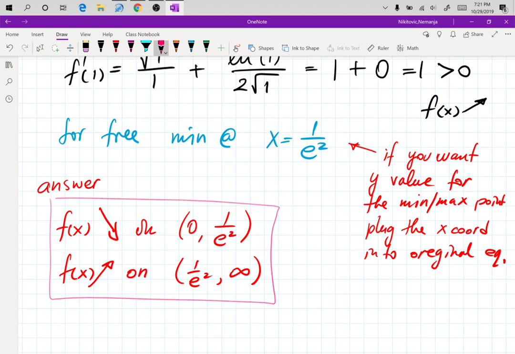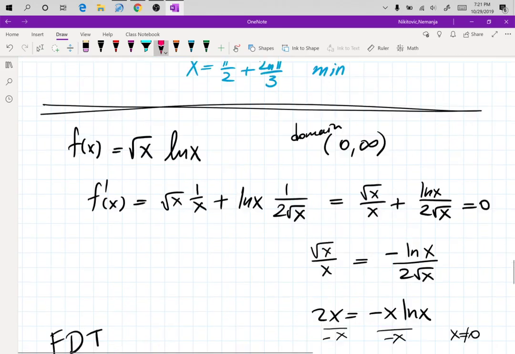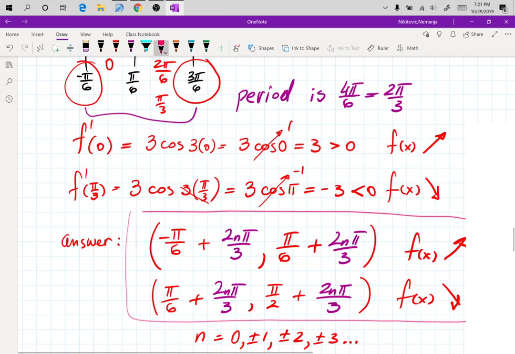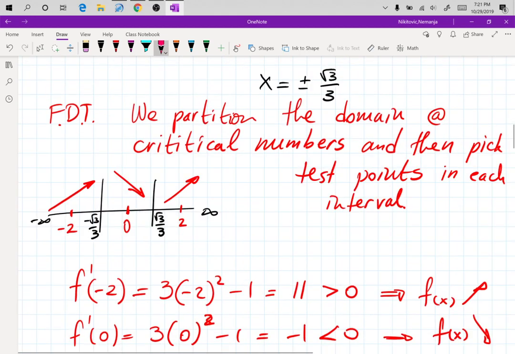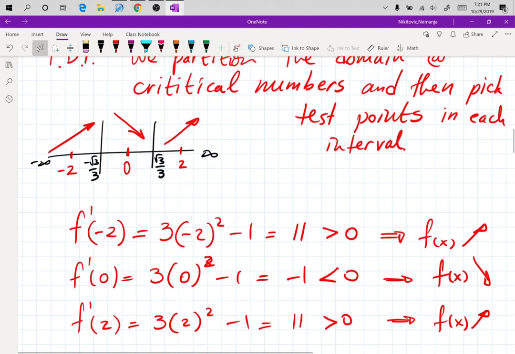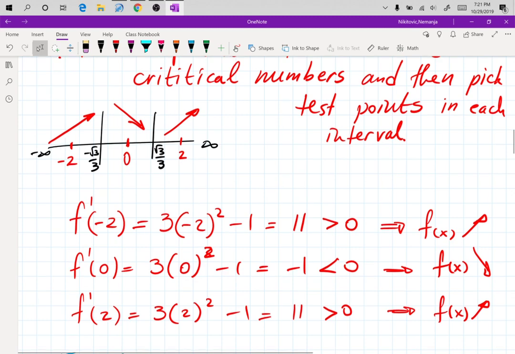And what you do is you are testing each one independently. I have that example up there that had, I believe, 3 values. There you go. So this problem had 3 partitions. We had 3 test points, and we tested each one individually.